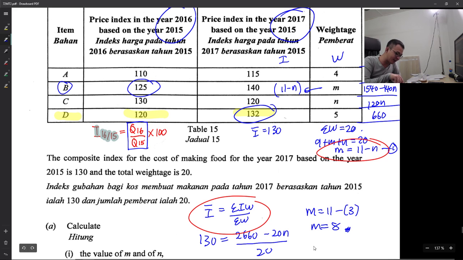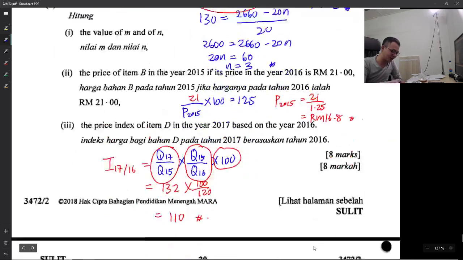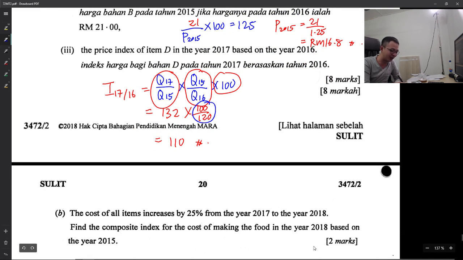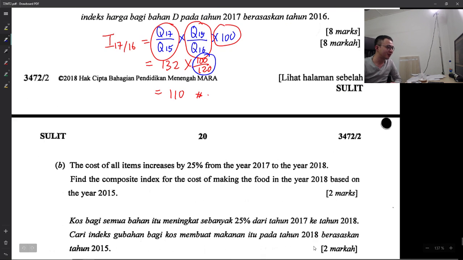And we know the index number for 1615 is 120. Then we sub the 120 here. If I move my 100 to the other side, you can see I divide by 100 over here. So this explains why my 1615 is 120 over 100. So therefore, if you ask me, then how about 1516? I just flip over, got 100 over 120. This explains why I will get the 100 over 120 here. Okay, so this is how we do it.